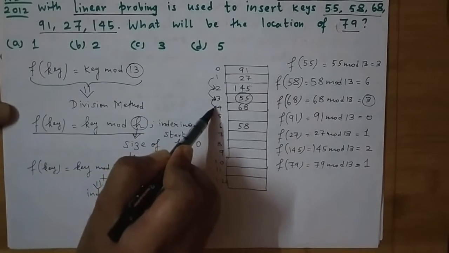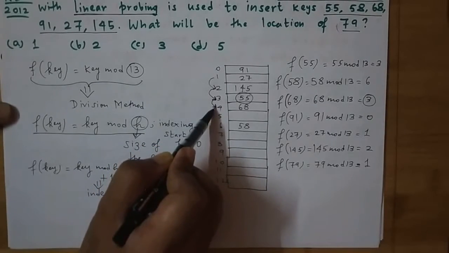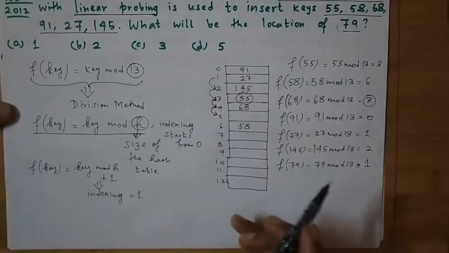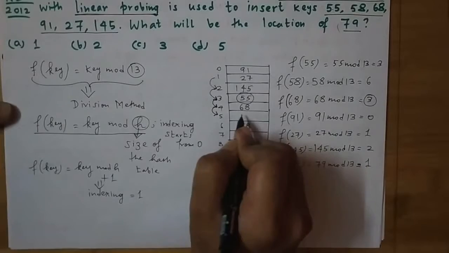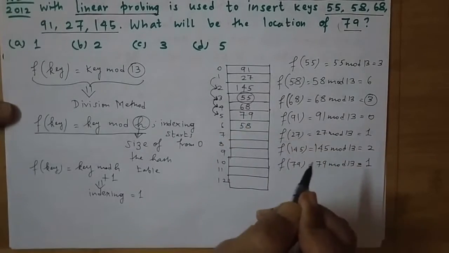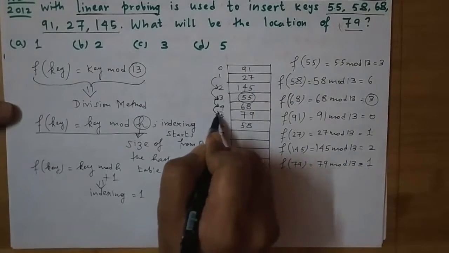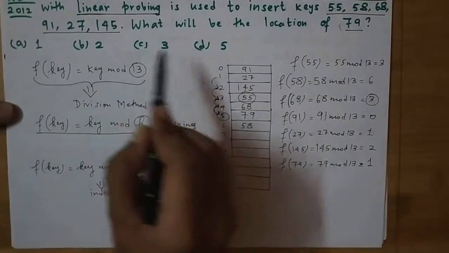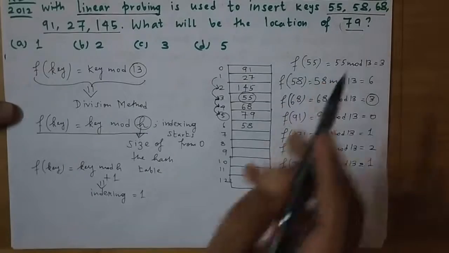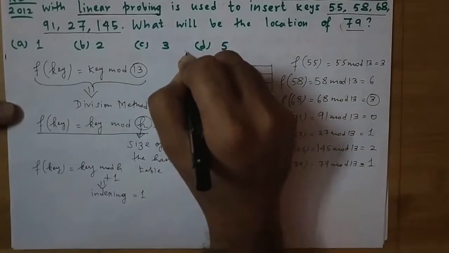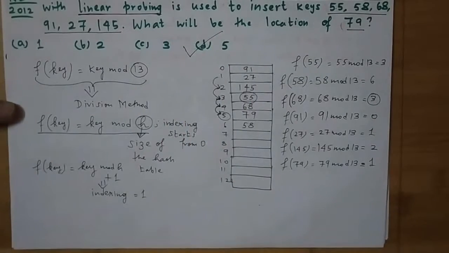Occupied. Move to location 4. Occupied. Move to location 5. You find an unoccupied cell, so you insert 79 here. As a result, 79 is at index 5, and we were asked for the location of 79. We have found it to be index 5. So the correct option is D, that is 5.